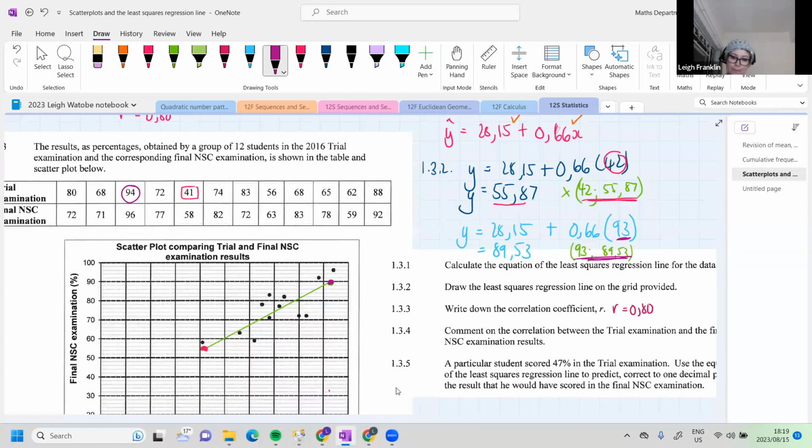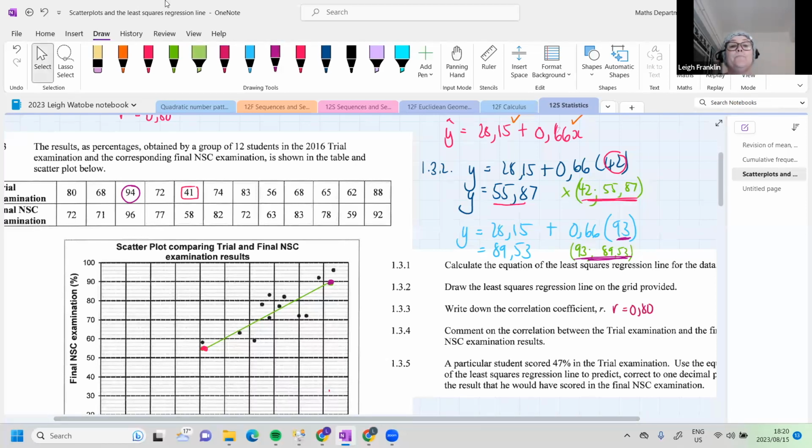So, ma'am, it only starts from that smallest point? Yes, absolutely. It's not going to go smaller than 41, and I'm not going to go past 94 either. Okay, ma'am. Then that's how we do it in the exam also. And that's how you should do it in the exam as well, absolutely. And what I should find is that it probably will go through my mean point as well.